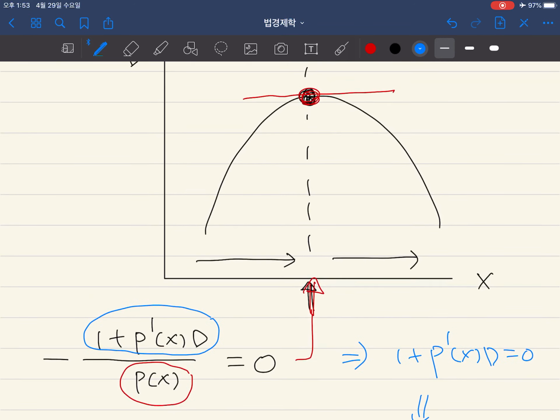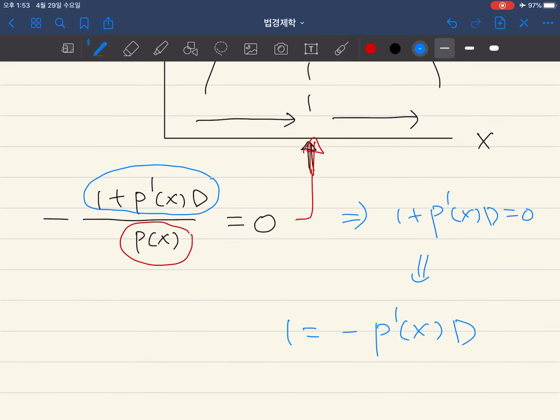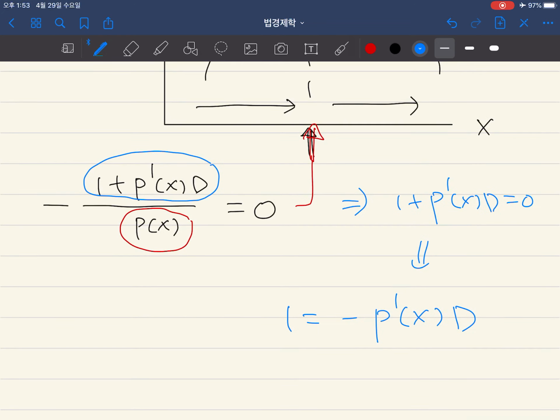We fix one iso-cost curve, then we can find the maximum point here. And at this maximum point, we should have this equation.